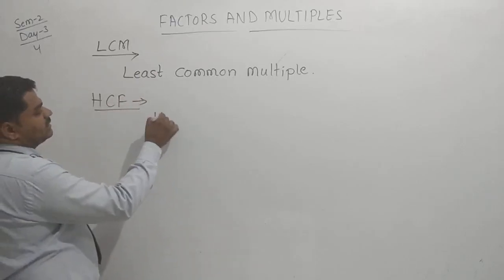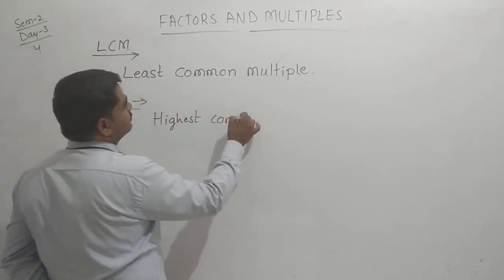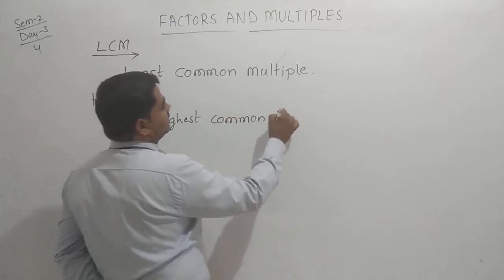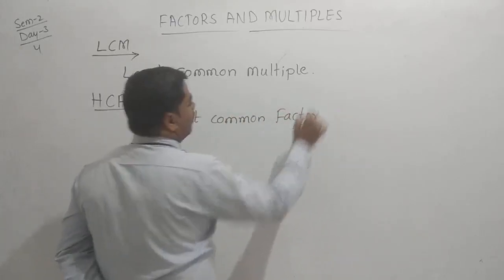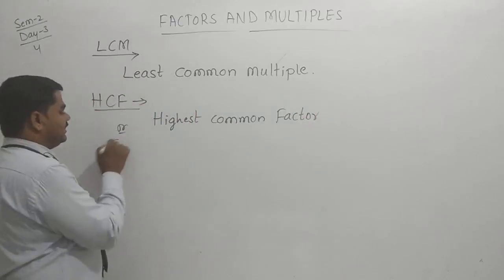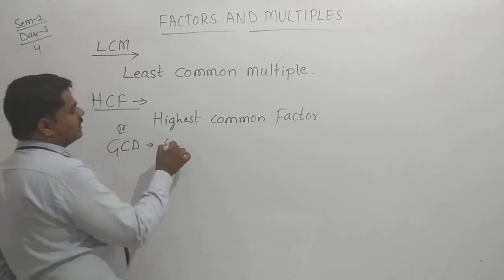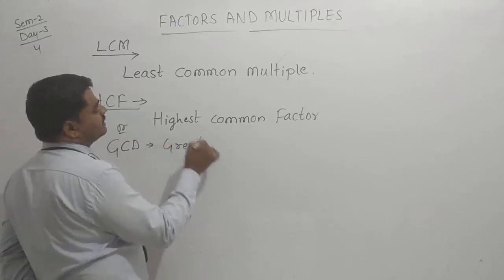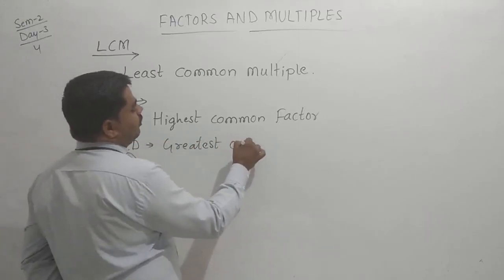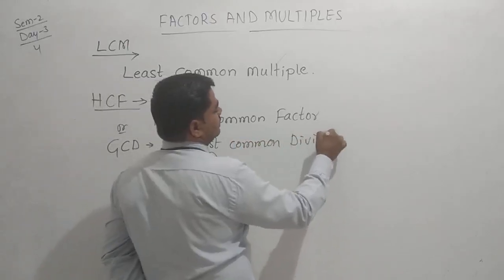Highest common factor, or we can call it GCD. What is GCD? Greatest. Highest means greatest common divisor.